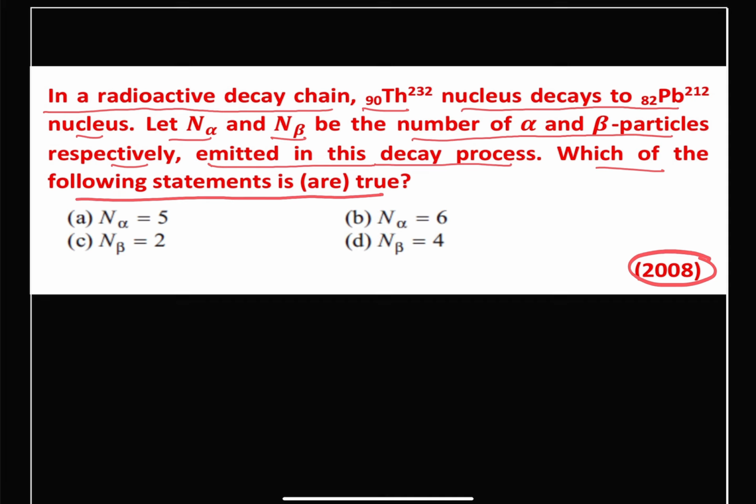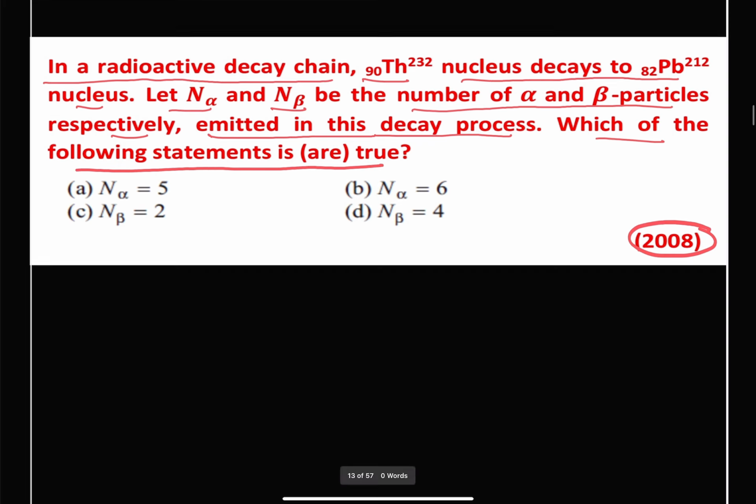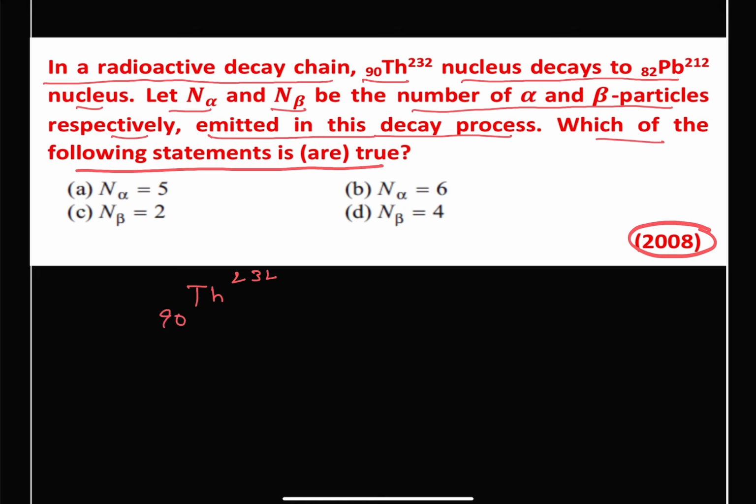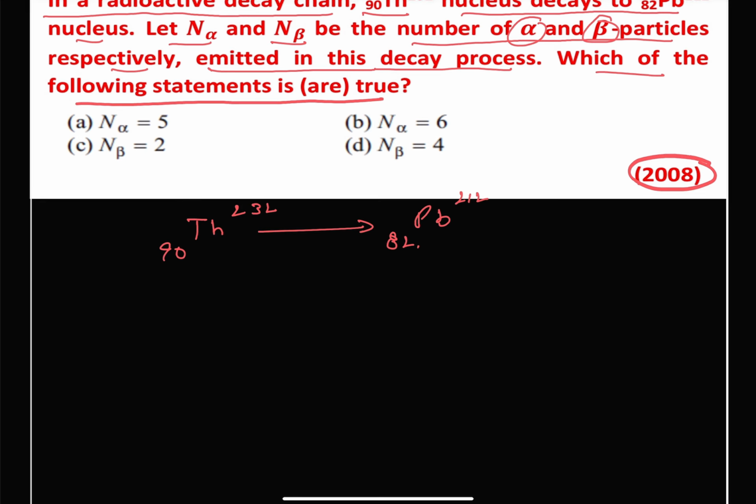So here we are given that our thorium, 232 and 90, decays into our lead, which is 212 and 82. And this decay is in terms of alpha as well as beta particles. So it means two types of decay are going on.